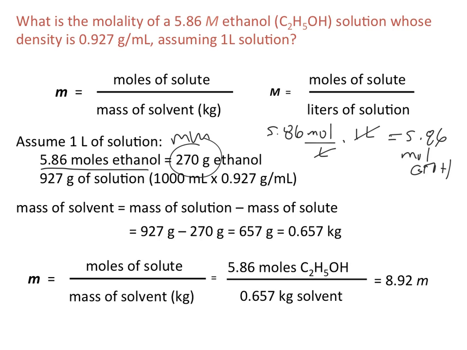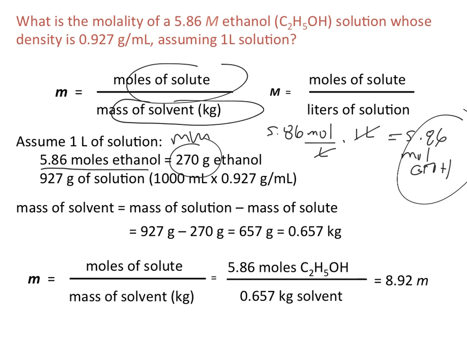Now, we already know the moles of our solute. That's already been established here. So in order to calculate our molality, we need to figure out the mass of the solvent in kilograms. So now we're going to take our density and figure out the overall mass of the entire solution.